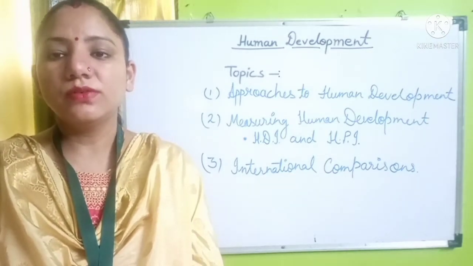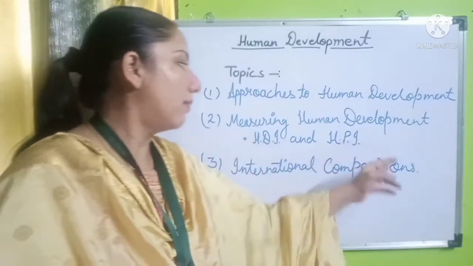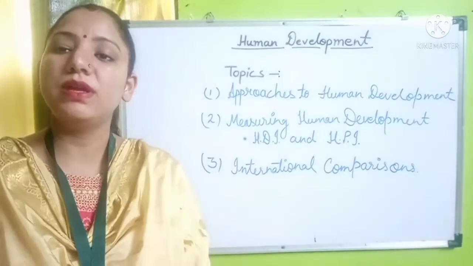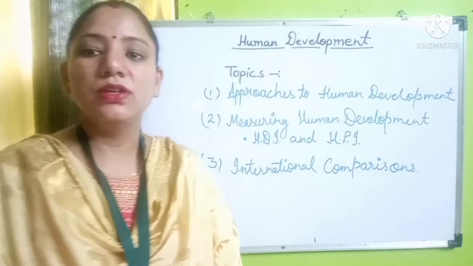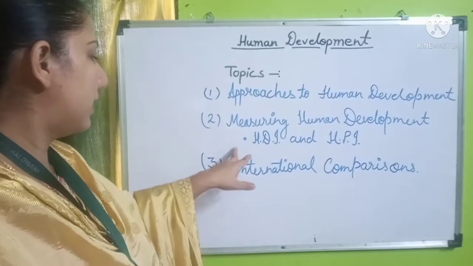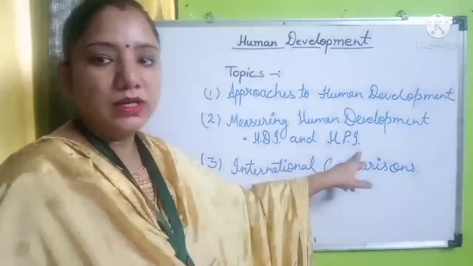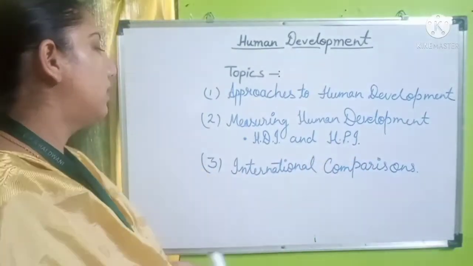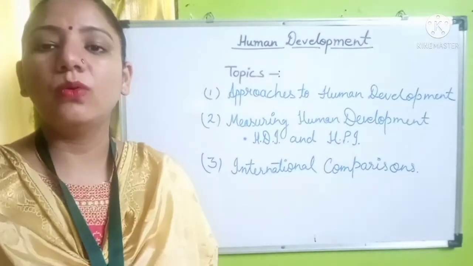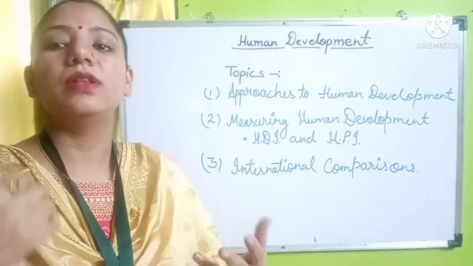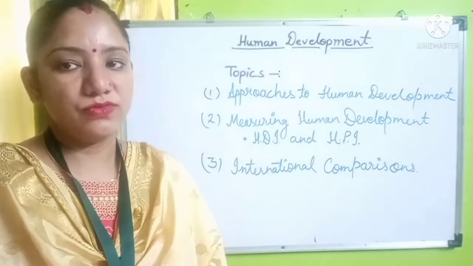Then we will also see the next topic, measuring human development, meaning how we can measure human development, in which we will see two measures, the Human Development Index and the Human Poverty Index. On these two bases we can measure how humans are developed in the positive field and how the poverty index is working there.